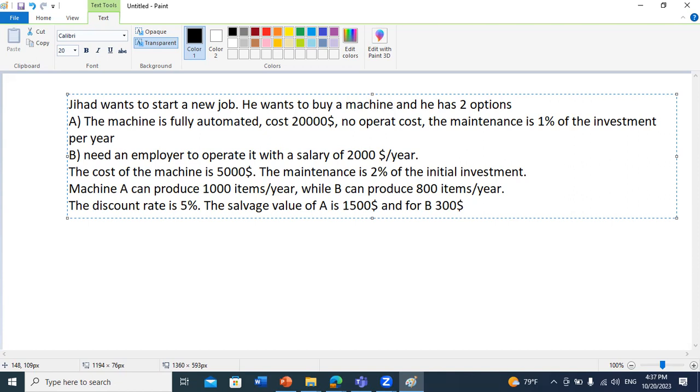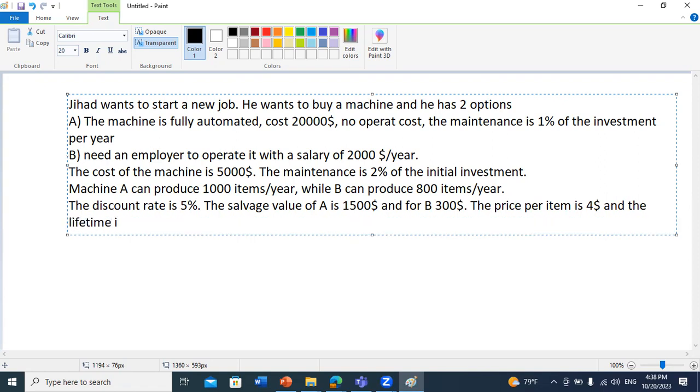The price per item is $4. And the lifetime is 8 years for both.